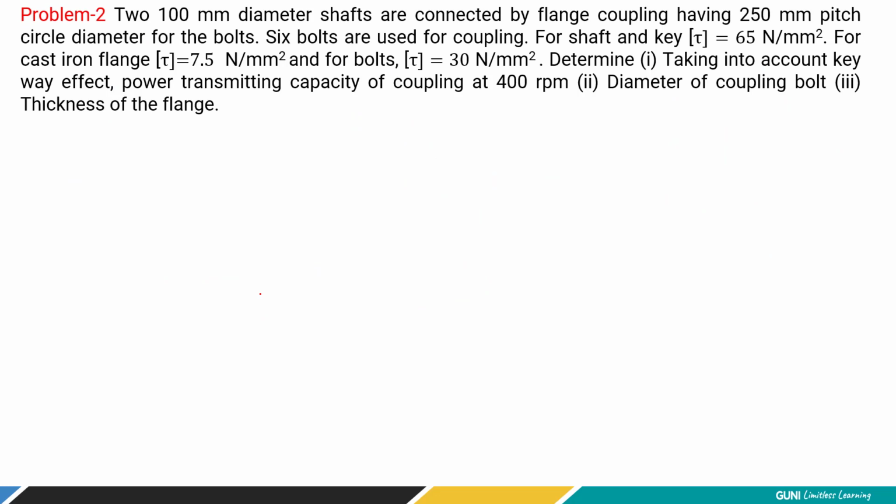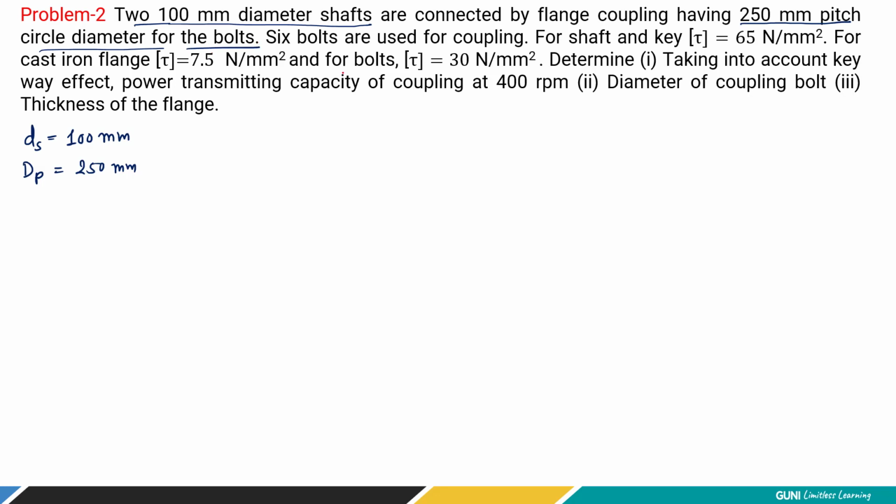Now let's try to solve another problem. Try to read carefully. A 200 millimeter diameter shaft. So here we already have the shaft dimensions given. They are connected by a flange coupling having a 250 millimeter pitch circle diameter, that is DP, which is 250 millimeter.